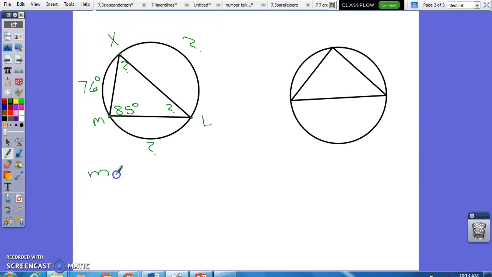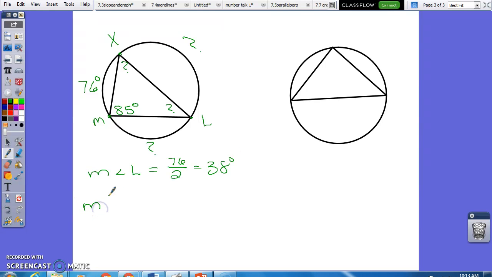The measure of angle L we could find by taking 76 divided by 2, because we know the arc and want to find the angle. So that angle would be 38 degrees.